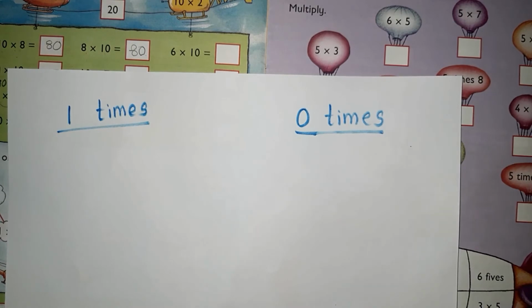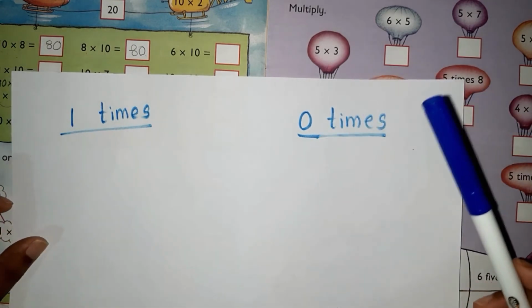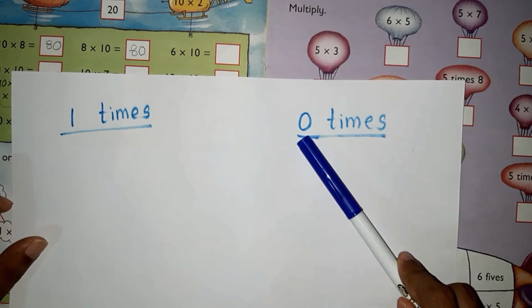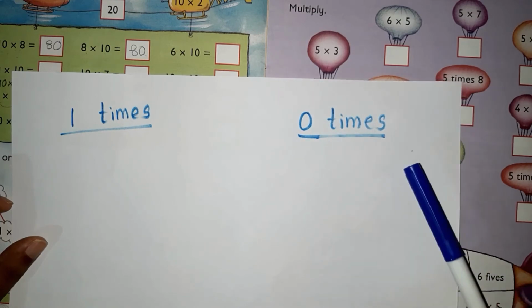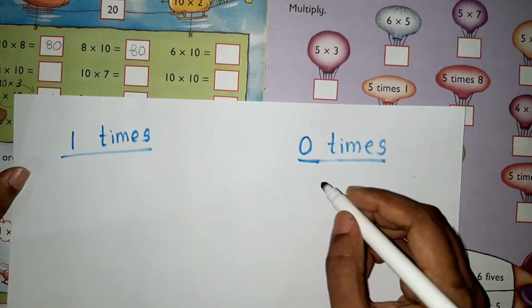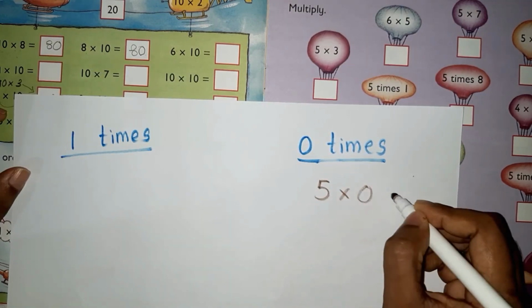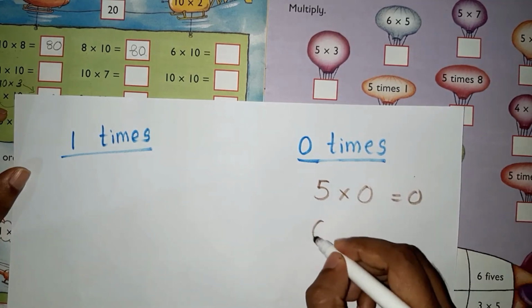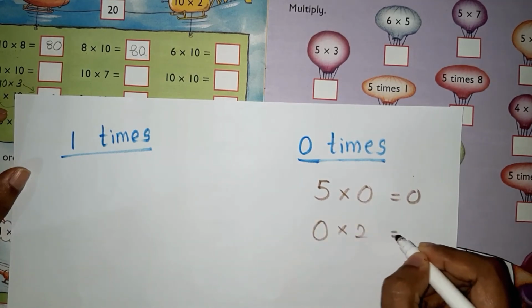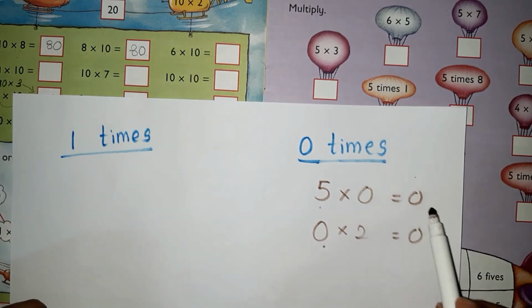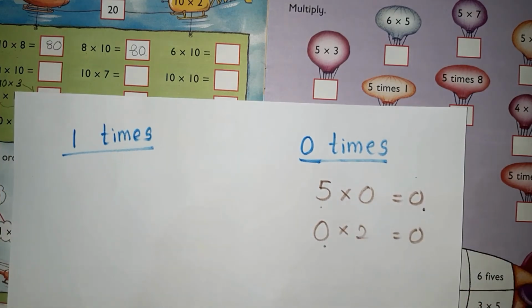If the multiplication equation has a 0, then the answer is always 0. It's like this. 5 times 0, 0. 0 times 2, 0. So, if any number is with a 0, the answer is always 0.